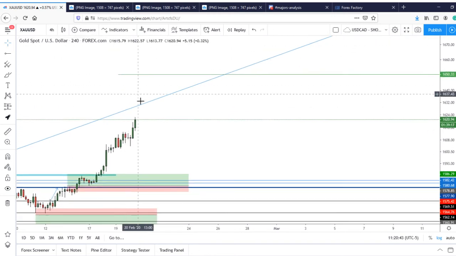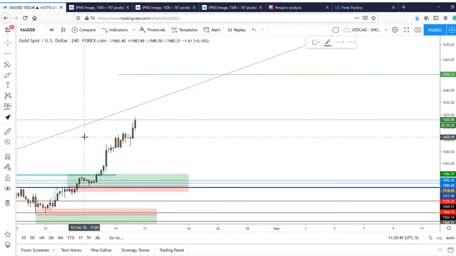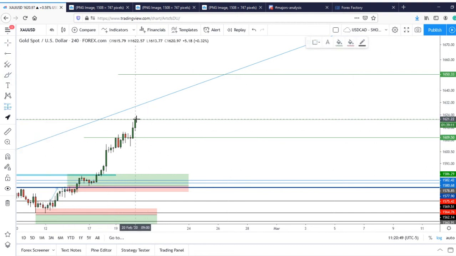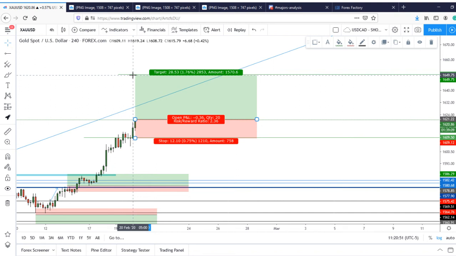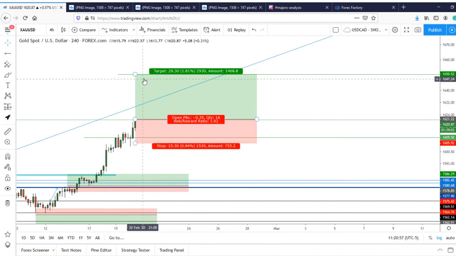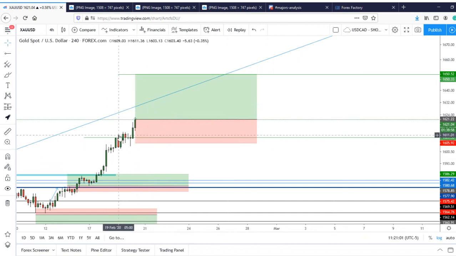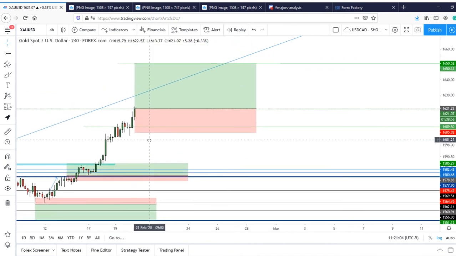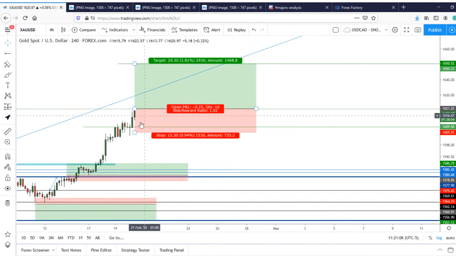So right here, and then something like this is not bad. Something like this. So right, 1.92 to 1650, which stops just below these previous lows down here. It is a bit overextended, so that's why I'd probably wait for a retrace of some sort.